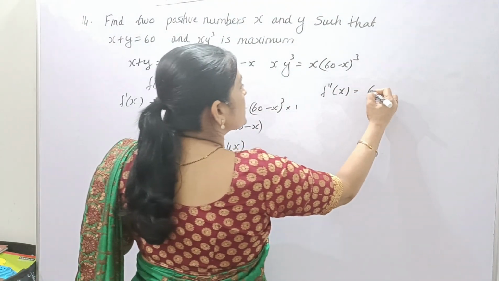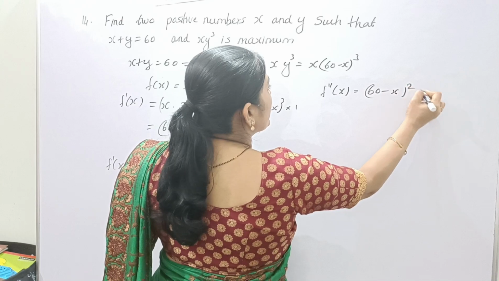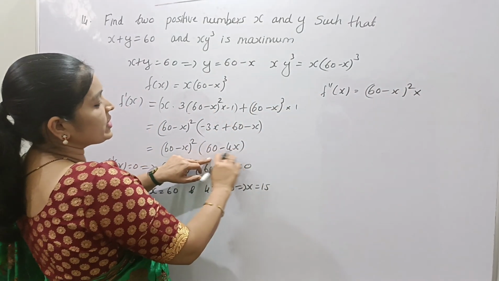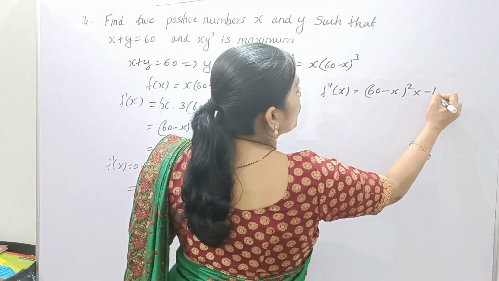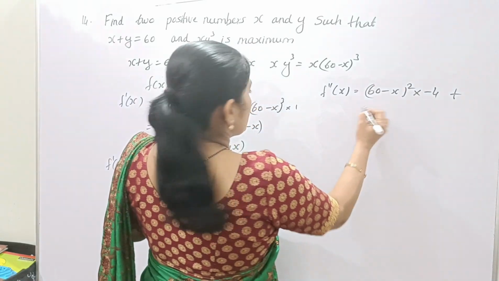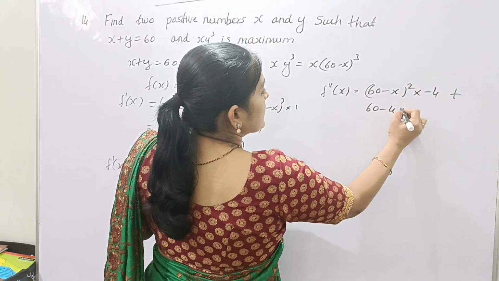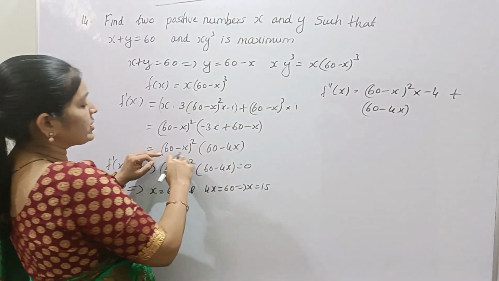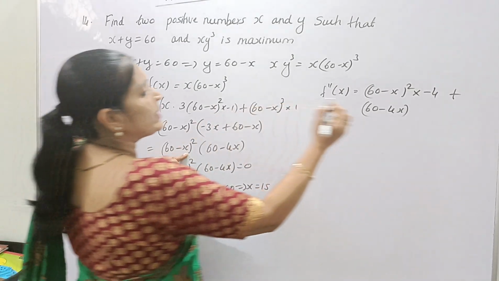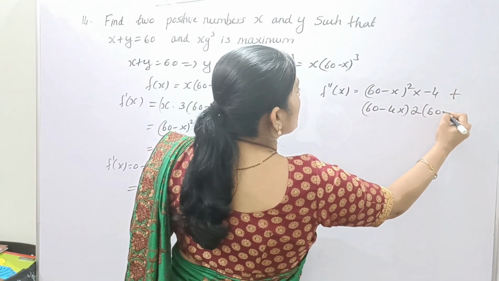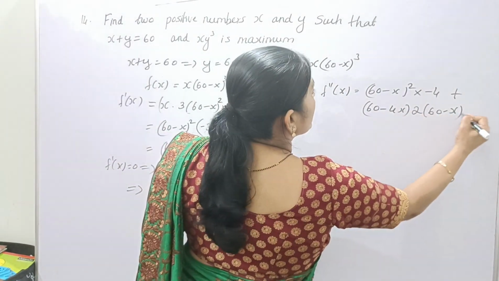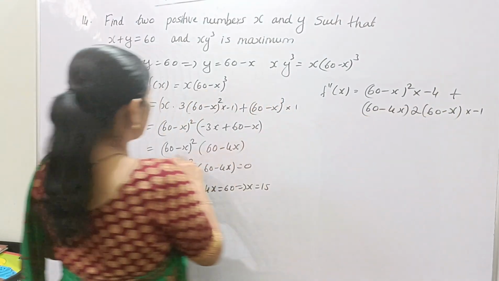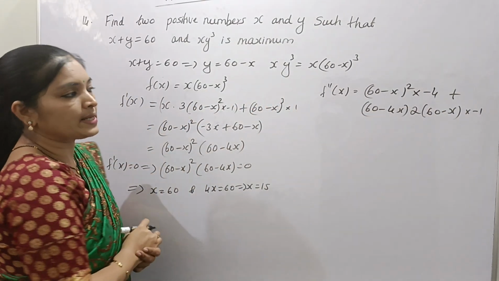First function (60 − x)² into the derivative of (60 − 4x), which is −4, plus second function (60 − 4x) into the derivative of (60 − x)², that is 2(60 − x)(−1), since the derivative of 60 − x is −1.